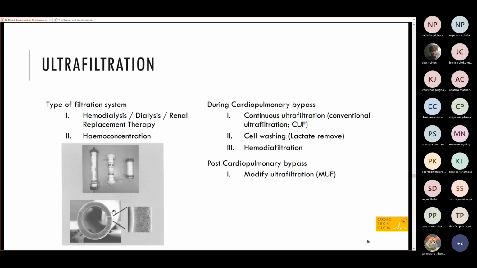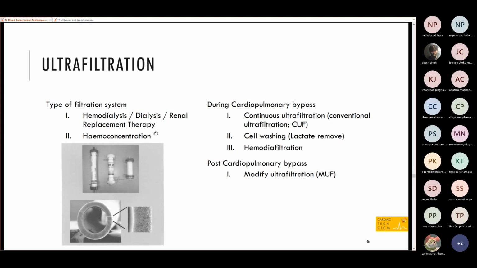Inside of this, you can see there are hollow fibers and a membrane here. Okay, so there are different sizes of this kind of device. Also, the filtration system can be separated into many kinds of systems.